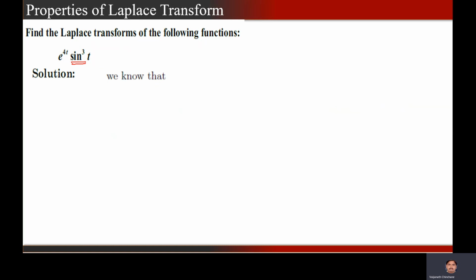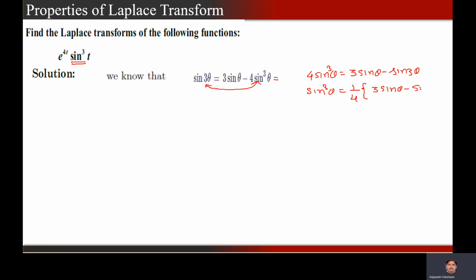We know that sine 3 theta, implies 4 sine cube theta is equal to 3 sine theta minus sine of 3 theta, and therefore sine cube theta is 1 by 4 into 3 sine theta minus sine of 3 theta. So this is the formula for sine cube theta.